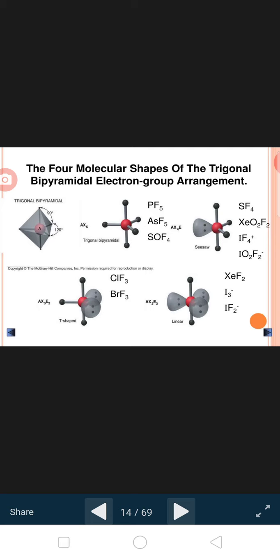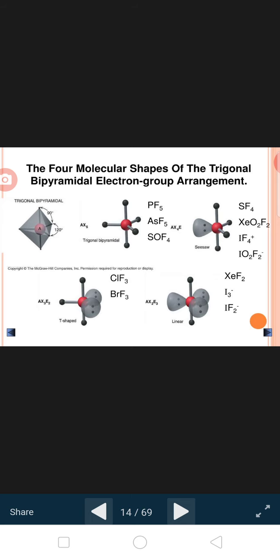The four molecular shapes of the trigonal bipyramidal electron group arrangement. In PF5 it is trigonal bipyramidal geometry; arsenic pentafluoride and SOF4 all have the same geometry. Similarly, when there is one lone pair and four bond pairs, as in SF4, IF4 positive, xenon dioxide difluoride, all have seesaw geometry.